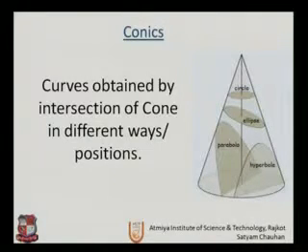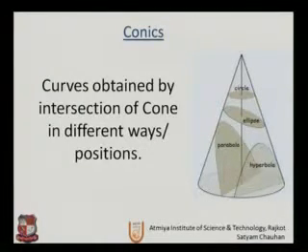So what is conics? Let us understand the meaning of conics and how we are going to use different curves in our applications. Conics is basically related to a cone. What are the parameters of a cone?